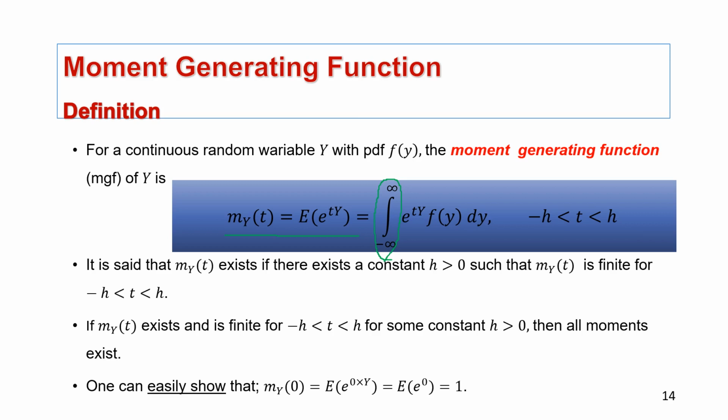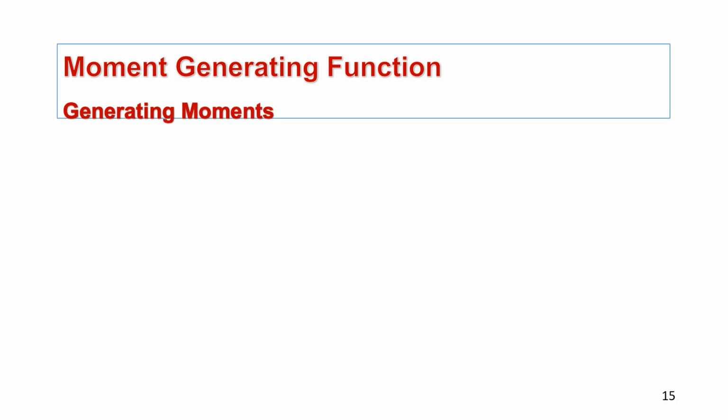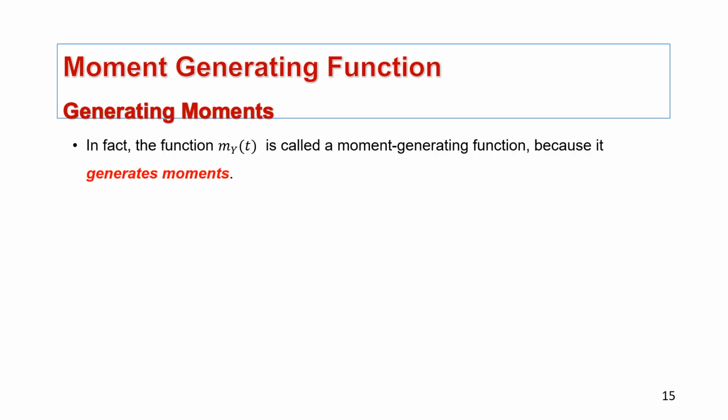Sometimes for the continuous case, I cannot get the moment generating function for some variables. If I took the constant equal to 0, it would be the expected value of e to the power 0, which is 1. Never take the constant equal to 0. It should be greater than 0.